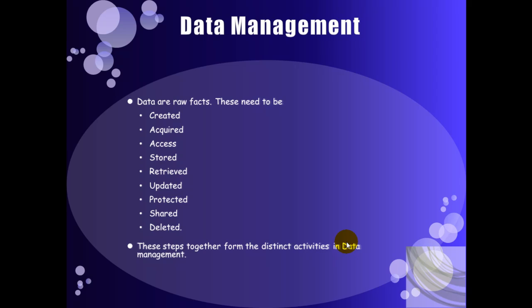Now, data needs to be managed and represented. We need data for deriving the information. So data needs to be created, acquired, accessed, stored, retrieved, updated, and protected. And these steps together form the data management steps.